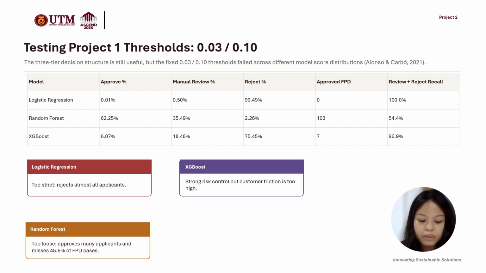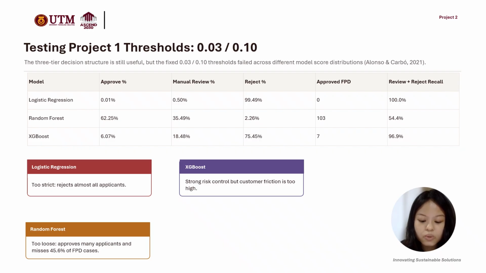In Project 1, we used two initial thresholds, which are 0.03 and 0.1. Applicants below 0.03 were approved. Applicants between 0.03 and 0.1 went to manual review, and applicants above 0.1 were rejected. After testing these thresholds in Project 2, we found that the three-tier structure is useful, but the fixed thresholds failed.